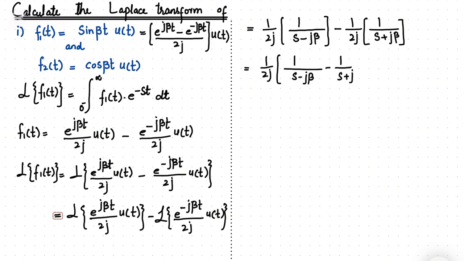We can take the LCM, and the denominator would become a square minus b square, so s square plus beta square, and the numerator would become s plus j beta minus s plus j beta.